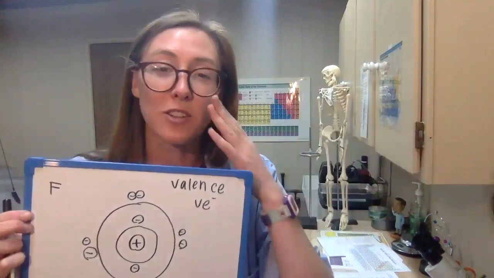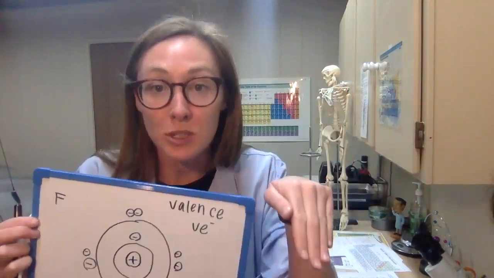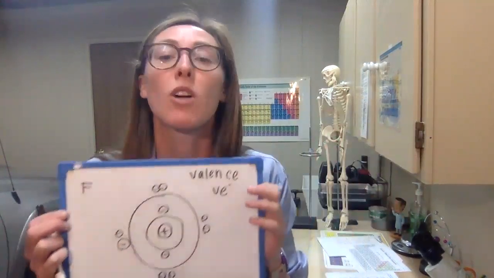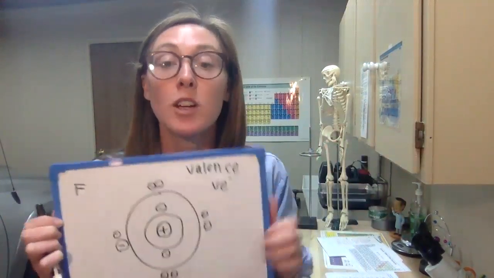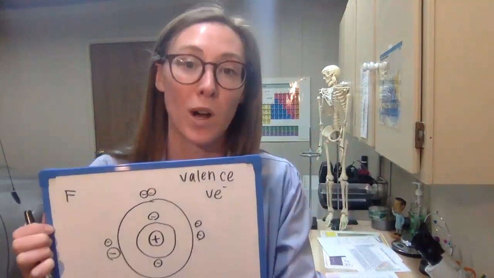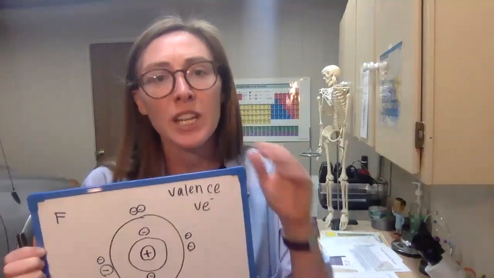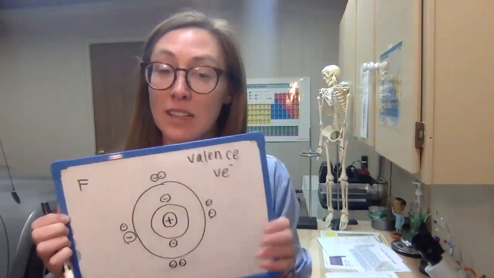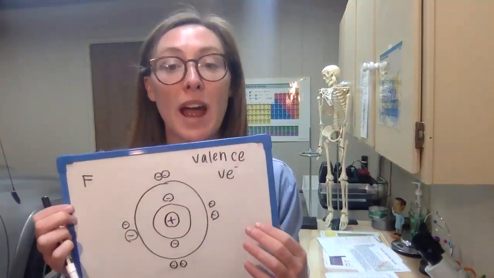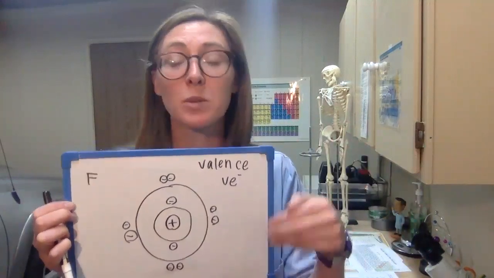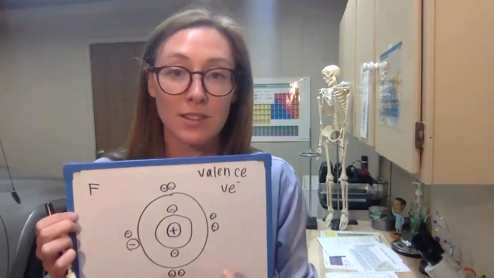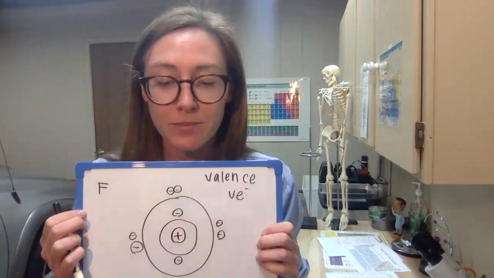Conversely, on the other side of the periodic table, elements with very few valence electrons, like 1 or 2, are also going to be super reactive because it's really easy to get rid of 1 or 2 electrons. Elements in the middle that have 3 or 4 or 5 valence electrons are going to be less reactive because it's harder for them to reach that magical number of 8 valence electrons on their outer shell.